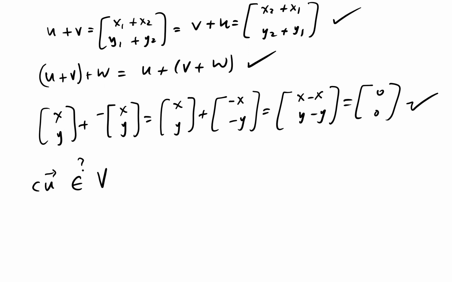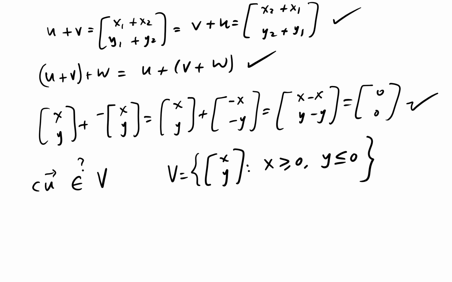So let's see what he is thinking about. Keep in mind, let me write down again what V was. It was the vector xy under these conditions: x bigger than or equal to 0, y less than or equal to 0.